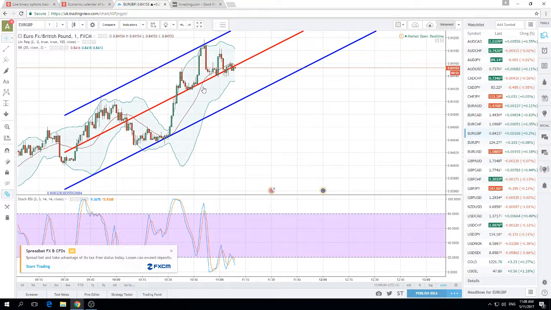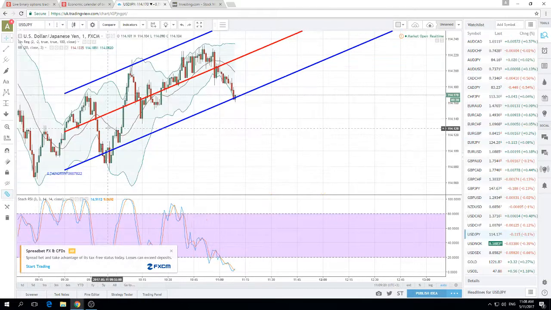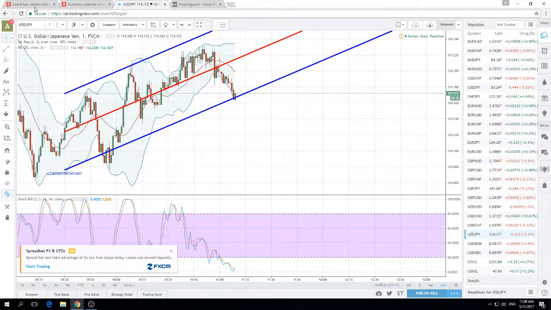Sometimes it takes time to find a good entrance point. Okay, so here it's pretty interesting. So let's try to open one trade.